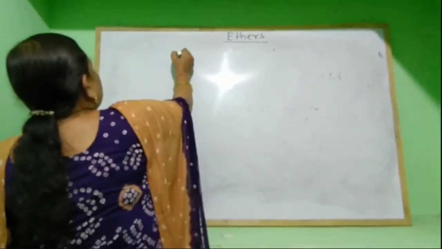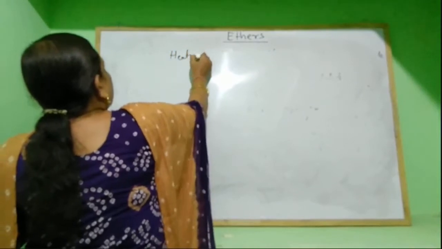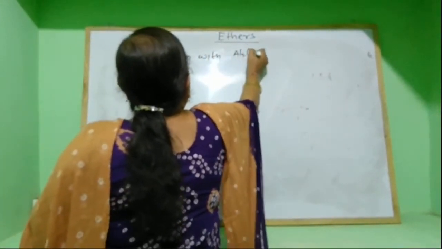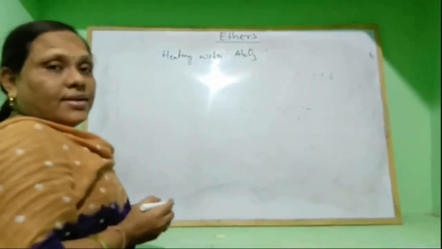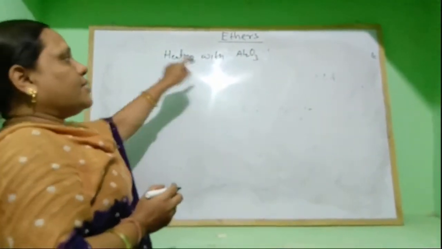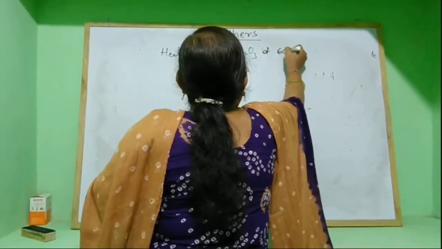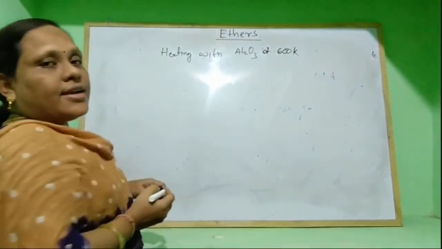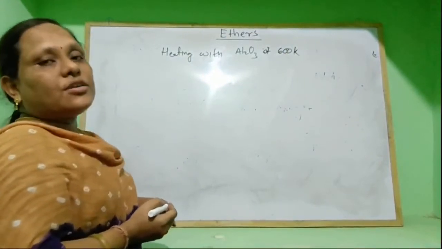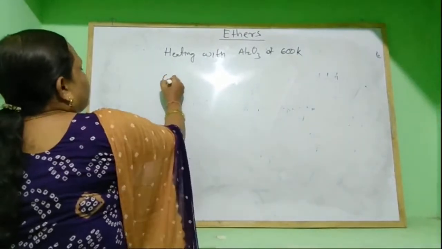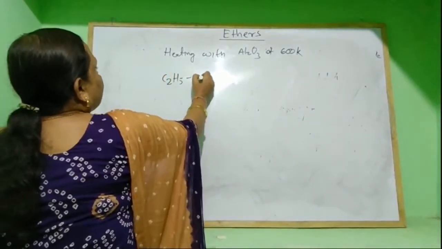Then come to the reaction with heating with aluminium oxide. When diethyl ether is heated with aluminium oxide at 600 Kelvin, it undergoes dehydration to form an alkene. Look at the example.